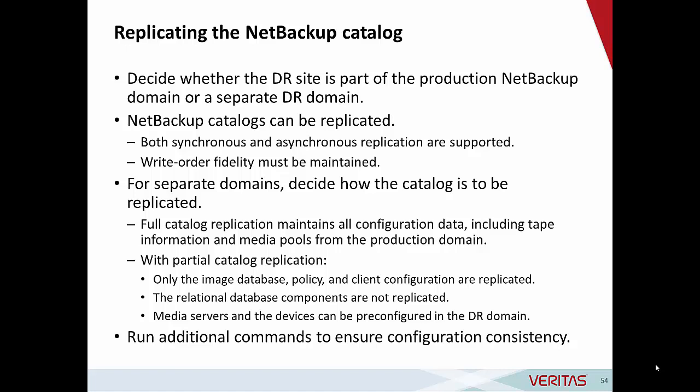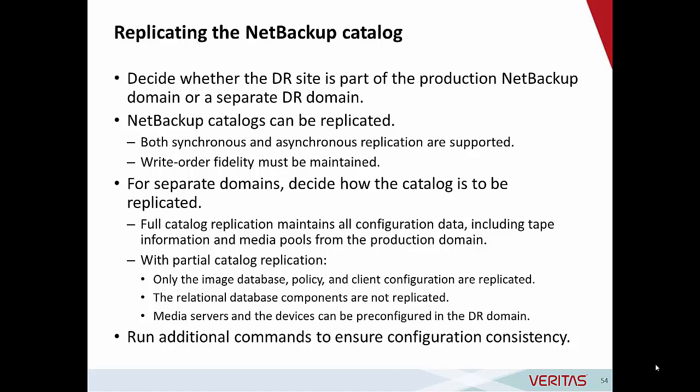There's no method within NetBackup to do this continuous replication, but there is support for enterprise-grade replication solutions. And what I mean by that is it has to be a robust replication product that supports write order fidelity. So any good enterprise-grade replication product, such as Veritas Volume Replicator, would work fine for this.